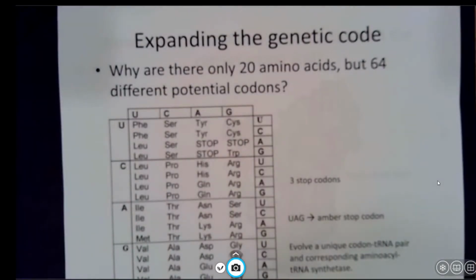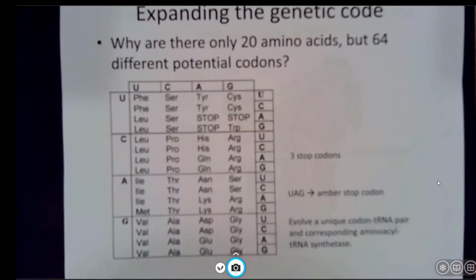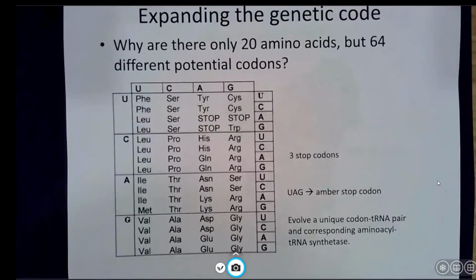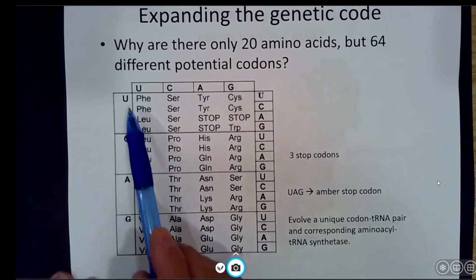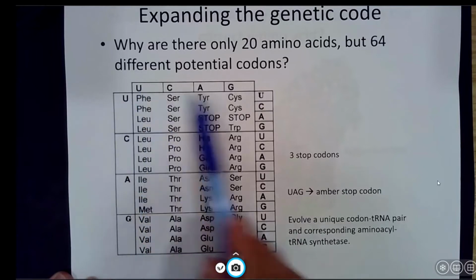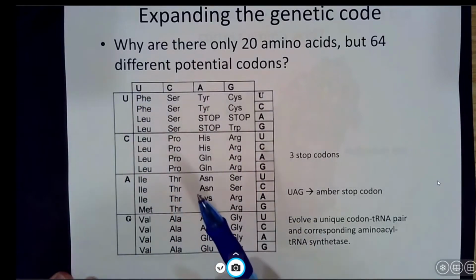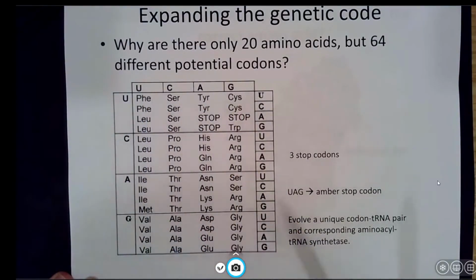If we look at this picture from molecular biology, we have 20 amino acids, but we actually have 64 different potential codons. You can read this like UUU corresponds to phenylalanine, but UUC also corresponds to phenylalanine.